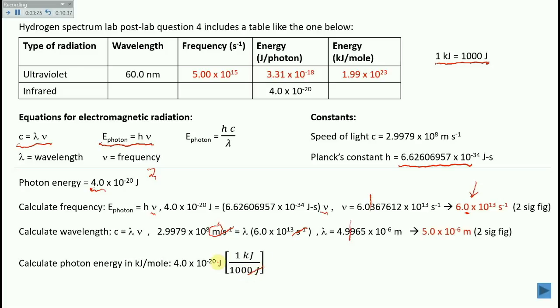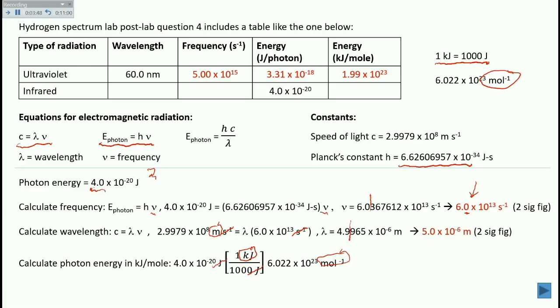So joules here will cancel joules on the same side there. So then I multiply by Avogadro's constant. Once again, notice Avogadro's constant has units of moles to the minus 1. So we'll plug that in. My units are kilojoules, moles to the minus 1, which is what I want.